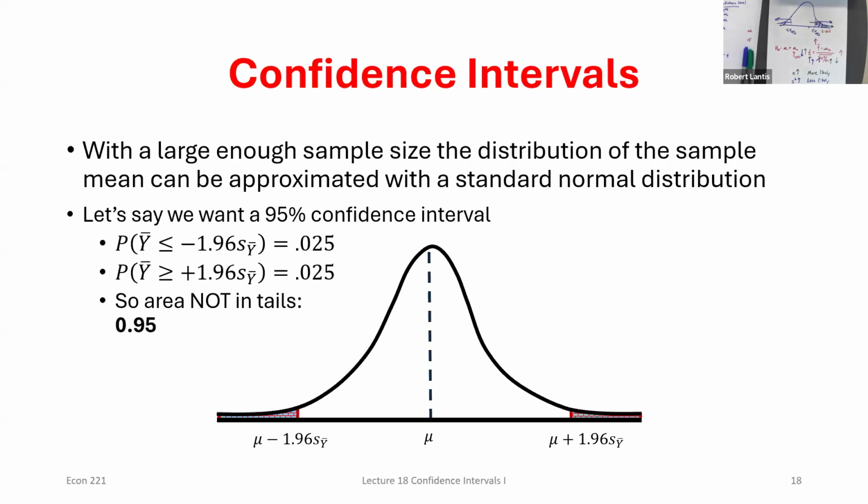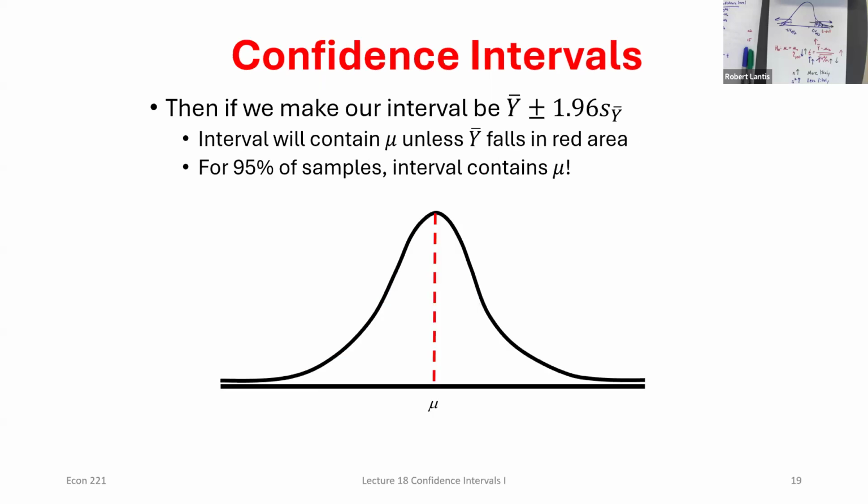Or 5%, right? So I know that even if I can't see that true population mean, if I take a sample and around that sample mean I go 1.96 standard deviations to the left and the right, that confidence interval will include the true population mean. So think about why, right?